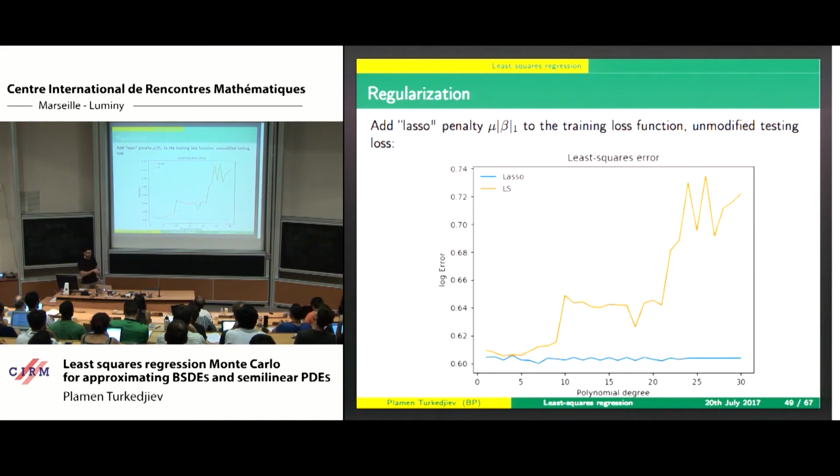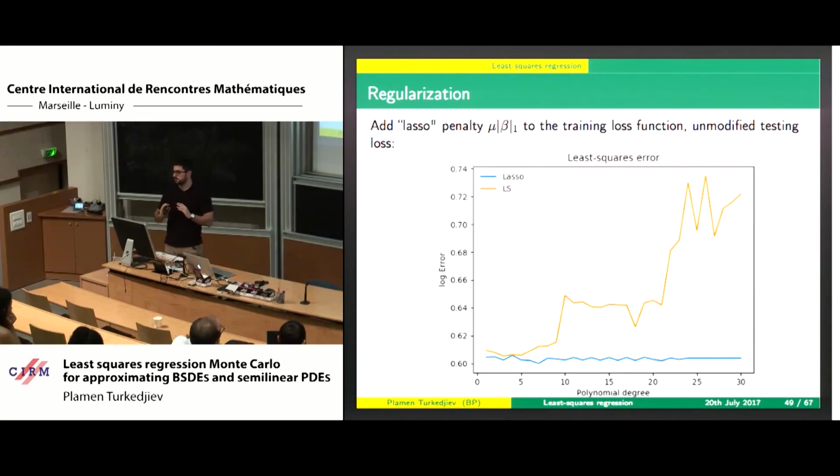But the cool thing about doing that is, since you have a separate set of data on which you're actually evaluating how good is your fit to a new set of data, the set of data that you actually use to compute your coefficients, you're not married anymore to using least squares regression. You can actually put anything you like in there, because on the second set of data, you're using the least squares error.